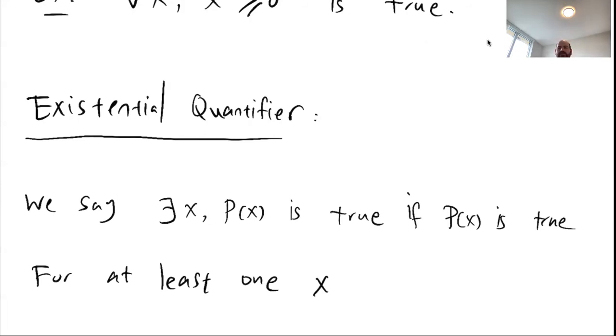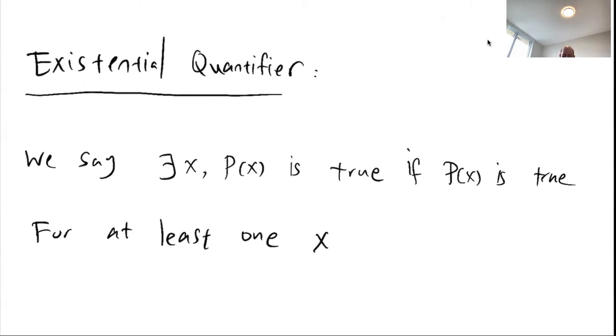I don't say one value of x because, like I said, x could be a person. But at least for one x coming from the domain, if p of x is true, then we can say there exists x, p of x is true. And when can we say it's false?